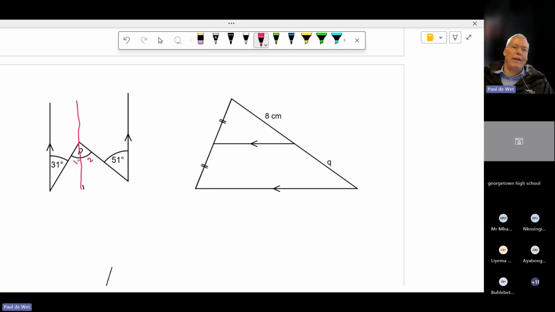I'm going to call this P1 and P2. Who can tell me what P1 is going to be and why? Sometimes it helps to turn the diagram around. Over here, we've got an answer for P1. What will P1 be?